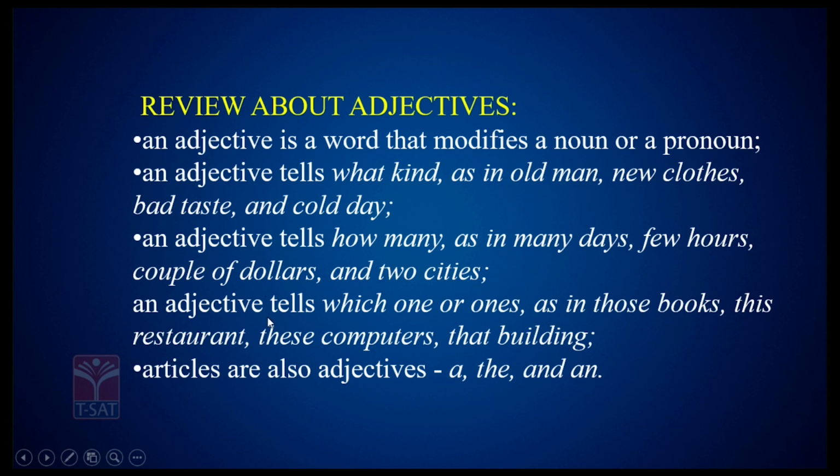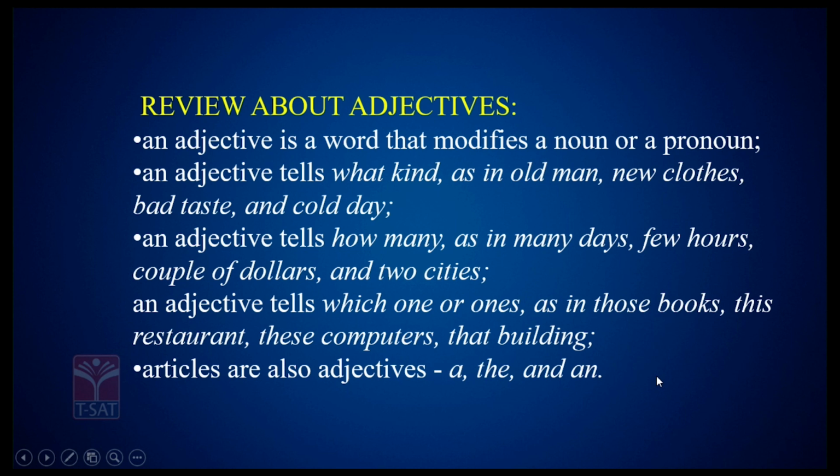An adjective tells which one or ones, as in those books, this restaurant, these computers, that building. So, that is how you should be able to identify the adjectives. Usually, generally, these adjectives come before nouns or pronouns, as we have discussed, right.